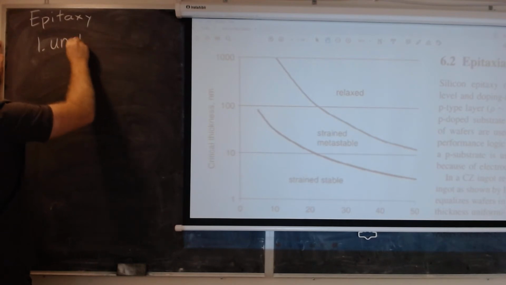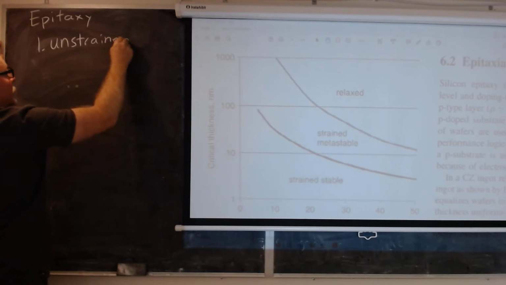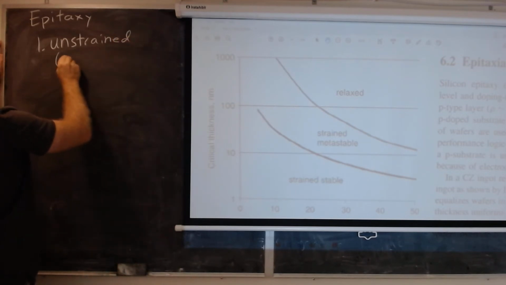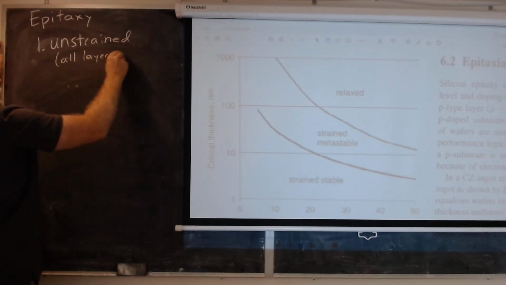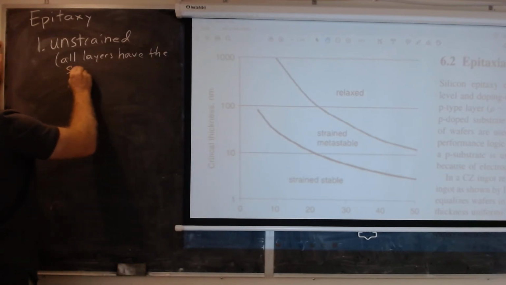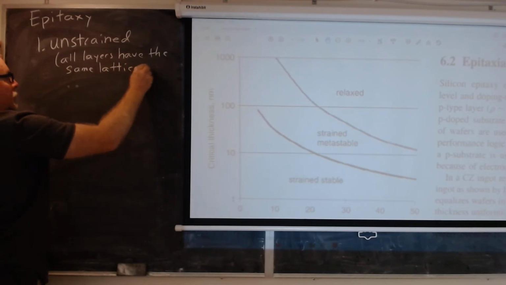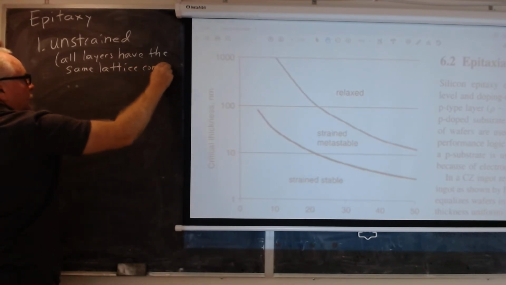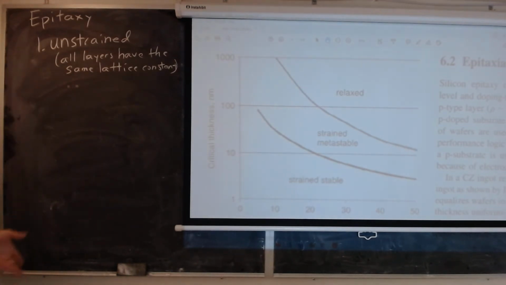There's unstrained, and that's where all the layers have the same lattice constant. Okay, so that's pretty normal. I mean, your aluminum arsenide, gallium arsenide, you can keep growing as long as you want.